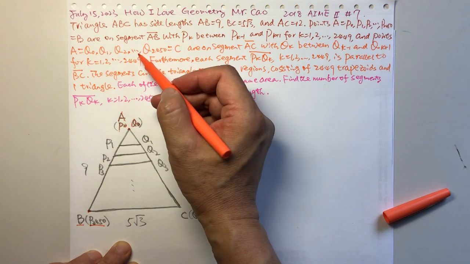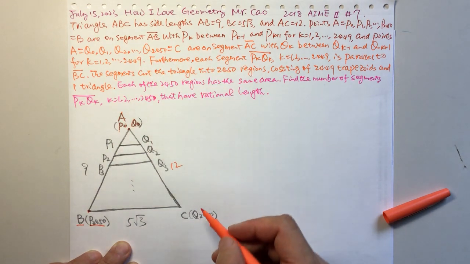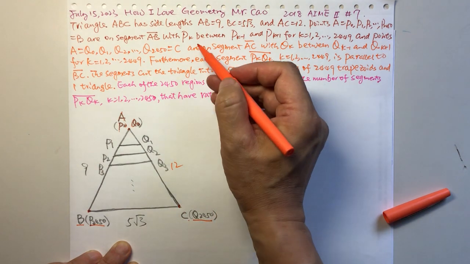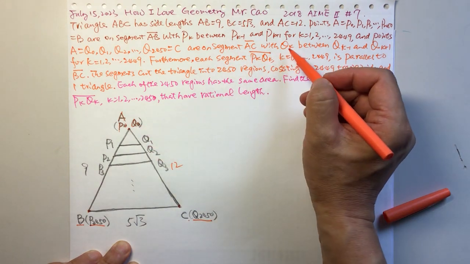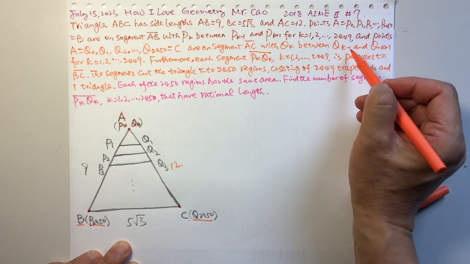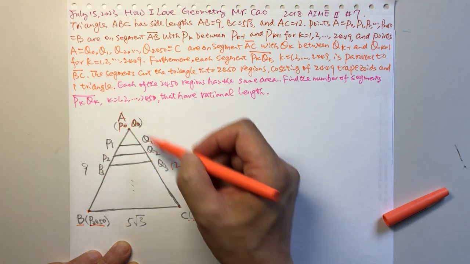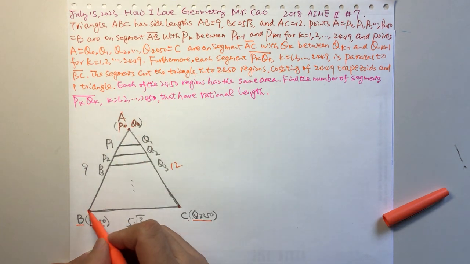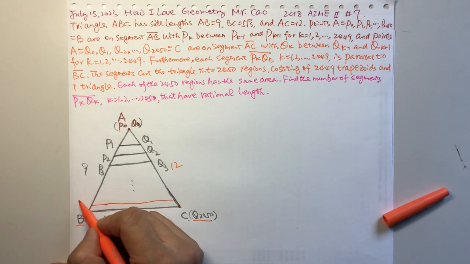Q1, Q2, and so on, and Q2450 equals C, the same point. The points Q1 through Q2449 are on segment AC with Qk between Qk minus 1 and Qk plus 1, for k equals 1, 2, 3 up to 2449. So we can write it like this.